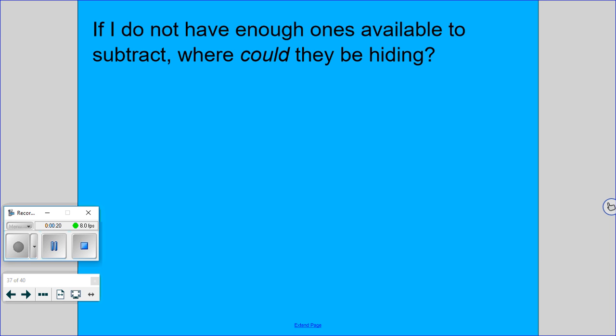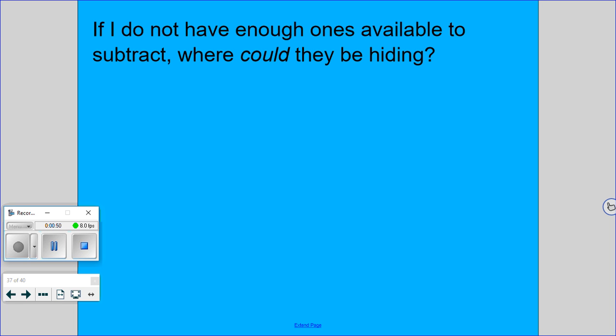For instance, if the digit in the ones place in my whole is a 1, but the digit in the ones place from my part is a 7, I cannot easily subtract 7 things from 1 thing. As it currently stands, I need to do something.